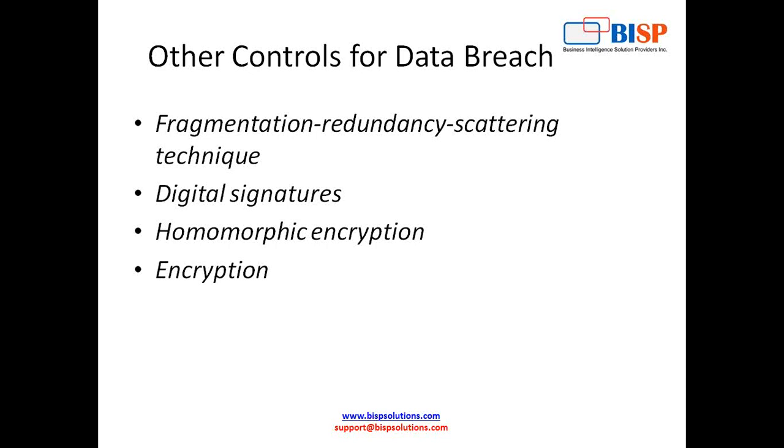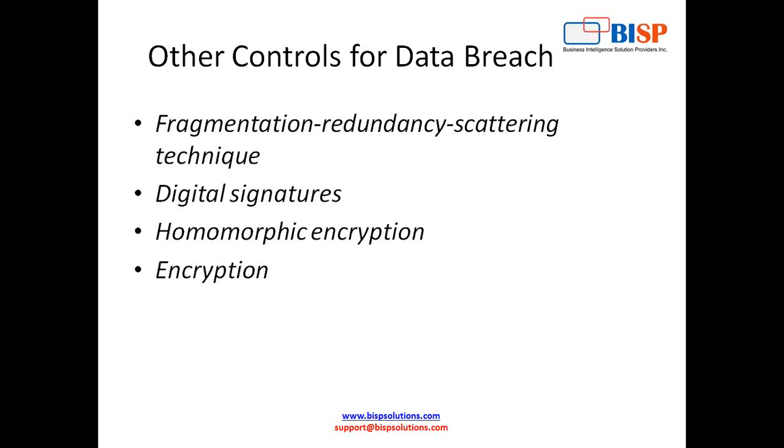Next one is homomorphic encryption. What is homomorphic encryption? With this technique, it is possible to process encrypted data like plain text without revealing the actual plain text at all. So that's homomorphic encryption, another control for data breach.